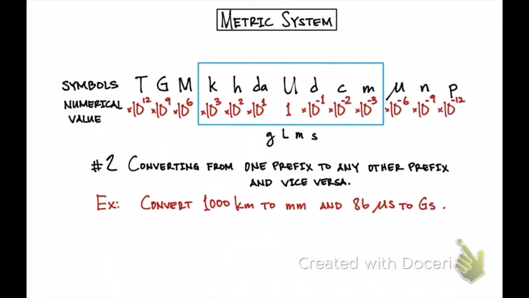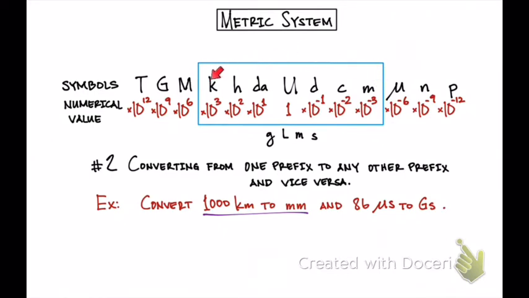All right, so let's look at this first one, 1,000 kilometer to millimeter. So the first thing you want to do again is locate where the prefixes are in this chart. So kilo is right over here on the left, and then millimeter is right here at the other end of the blue box. Okay, so we're moving from left to right.